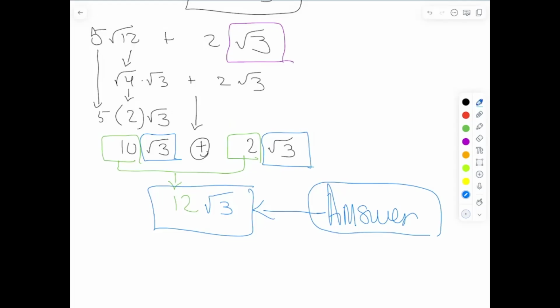So when we are rationalizing the denominator, let me explain to you what that means. We all know what a fraction is, right?